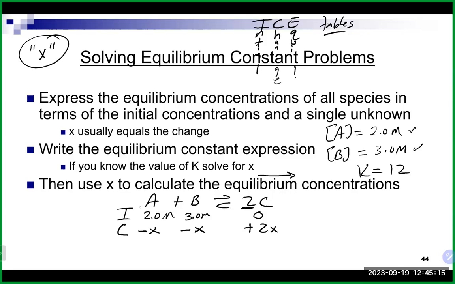I didn't put any numbers on the other ones because the coefficients here are 1s. Now, if they were not 1s, you need to put numbers. So the important part of the change, in addition to the minuses and the pluses, is you do need to incorporate the coefficient into those x's.